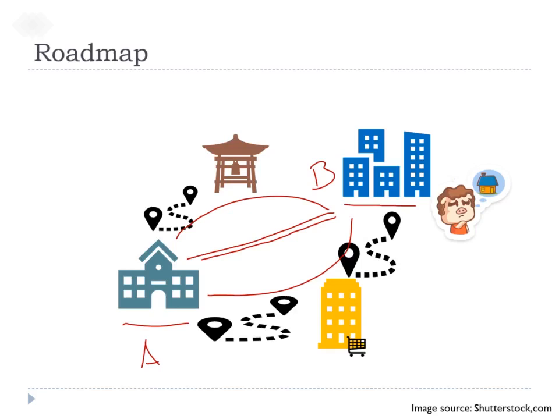Similarly, in a known environment, when the robots have to move from one location to another location, some roadmaps or some lanes or routes are created beforehand so that it does not have to do calculation or computation online when it starts to plan its path.